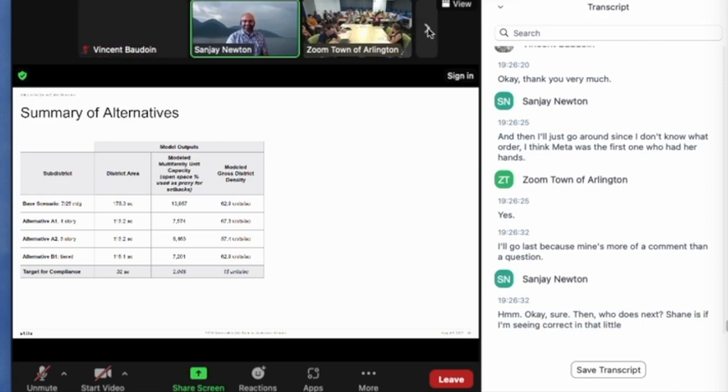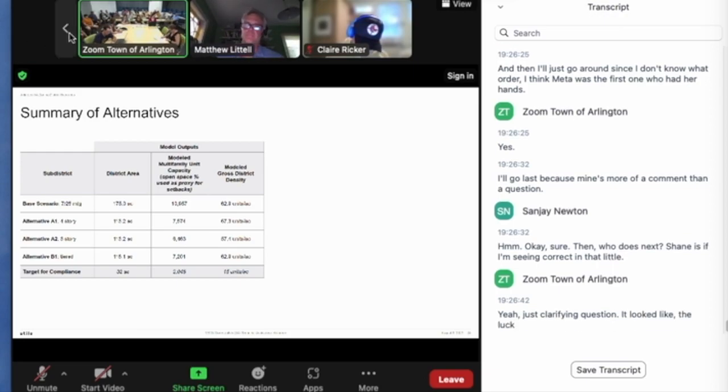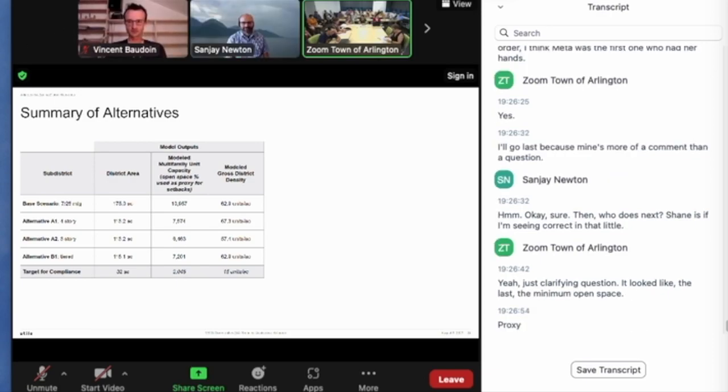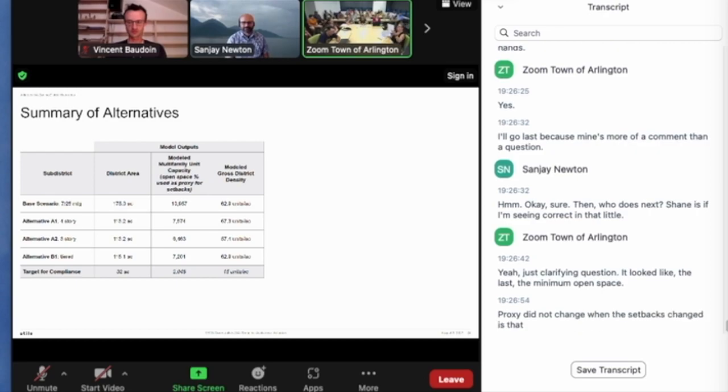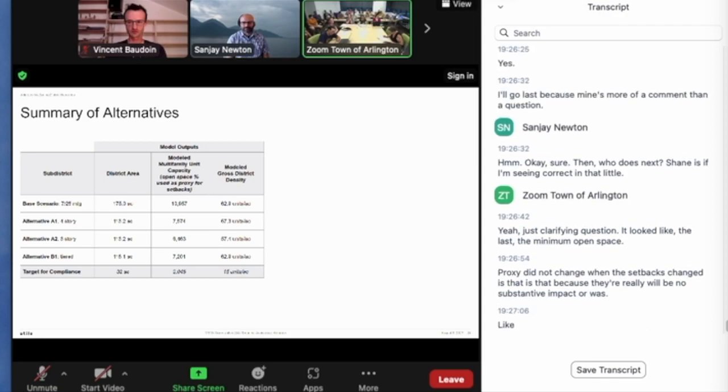Yeah, just a clarifying question. It looked like the lot cover, the minimum open space proxy, did not change when the setbacks changed. Is that because there really will be no substantive impact, or why was that?